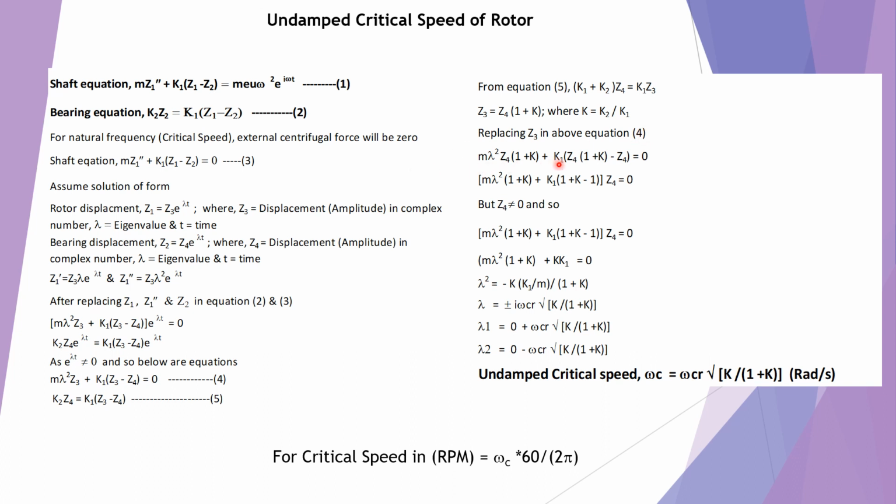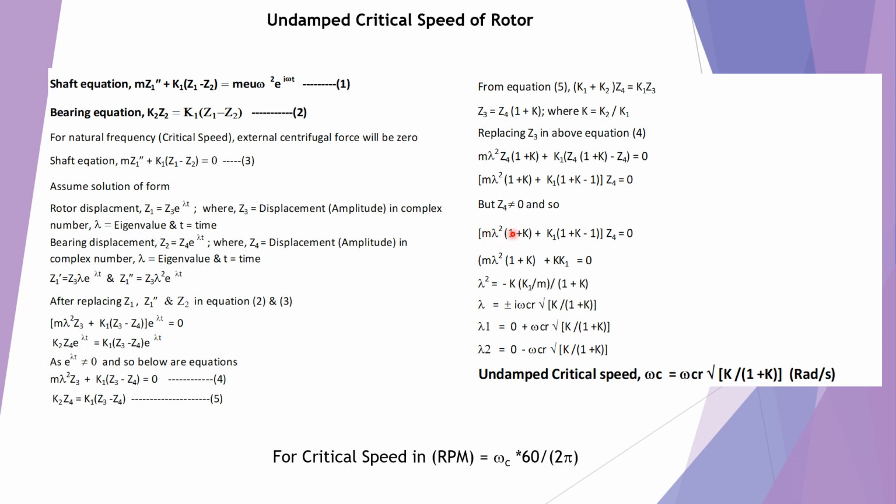So replacing z3 in equation number 4, we can write m lambda square into z4 (1 plus k) plus k1 into (z4 (1 plus k) minus z4) is equal to 0. So (m lambda square into (1 plus k) plus k1 into (1 plus k minus 1)) z4 is equal to 0.